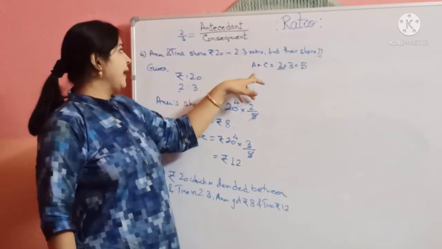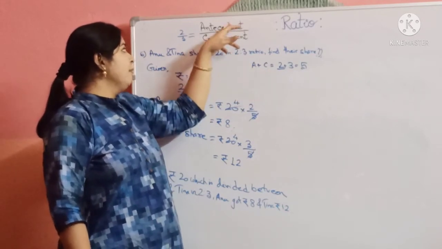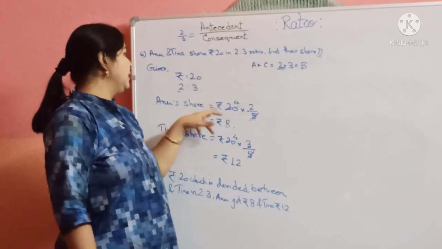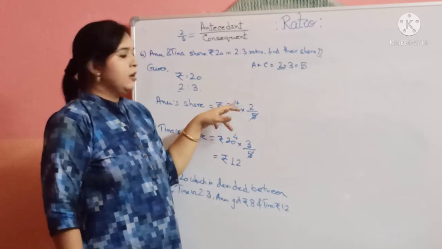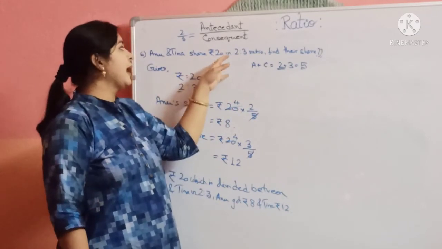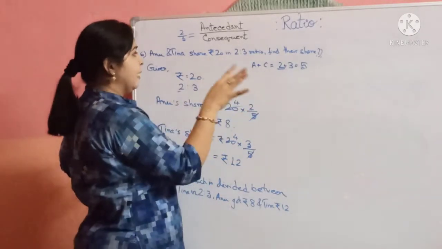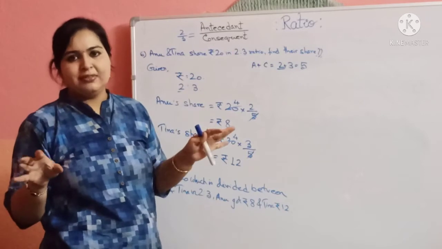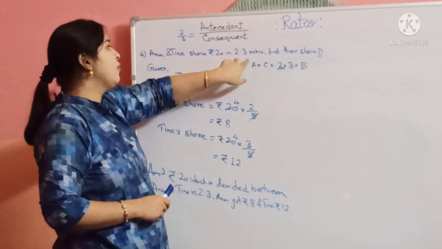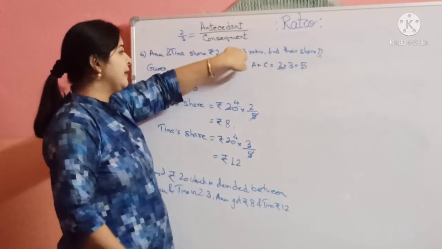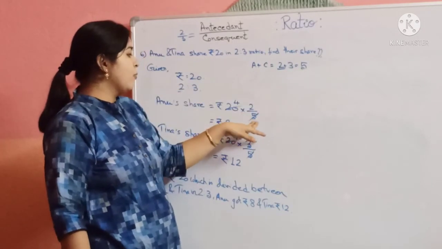I think you understood how to do this type of math. You have to just find the common factor, the sum of antecedent and consequent, and put it in the divisor portion. If any sum is given where a number of things are shared in the ratio dash is to dash, then you just add both antecedent and consequent, find their sum, and put it in the common divisor.